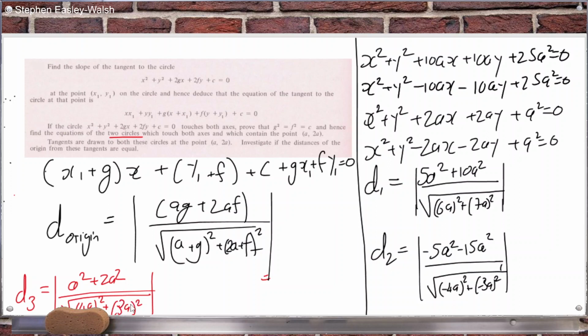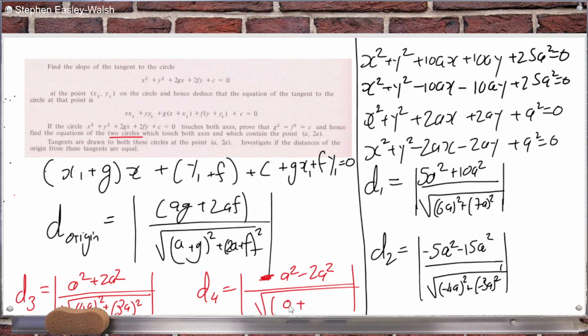Okay, so distance 3 is the same as distance 2, so I'm going to guess that distance 4 would be the same as distance 1. A g minus a squared minus 2a squared square root, a plus g. Interesting. A plus G is 0.